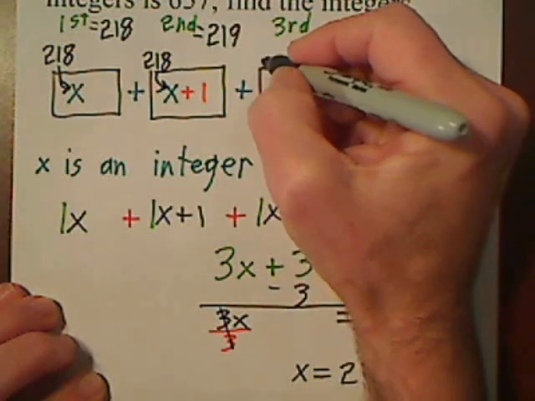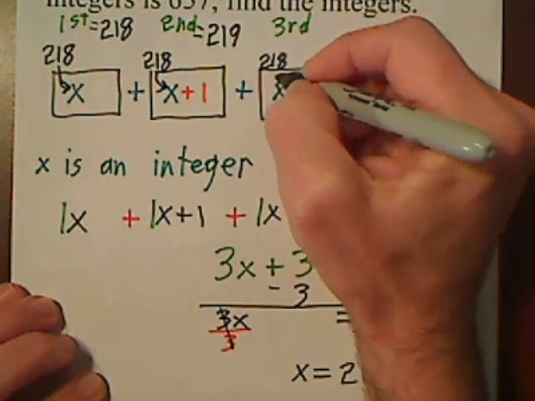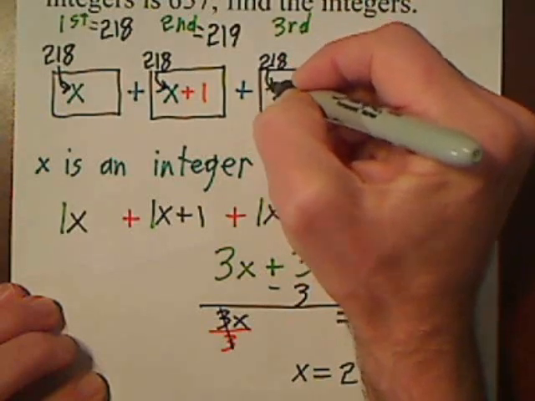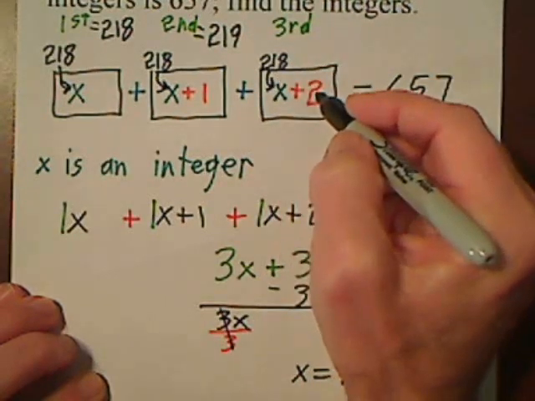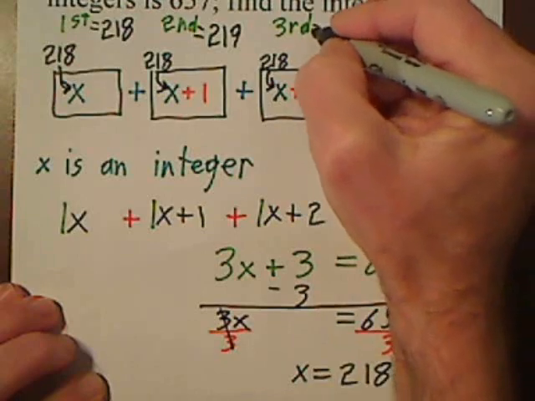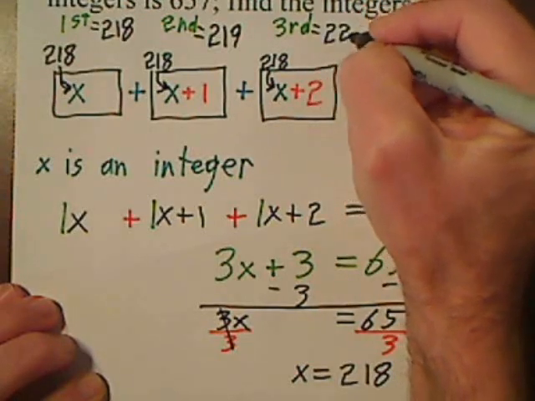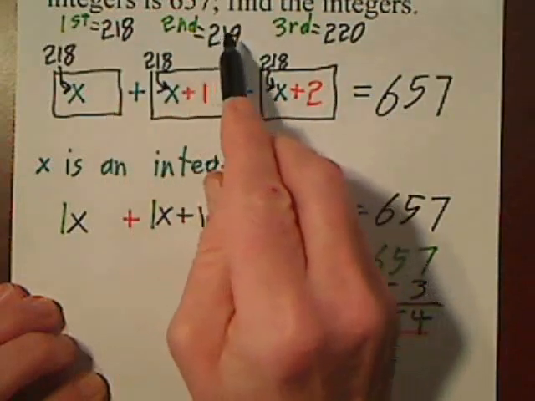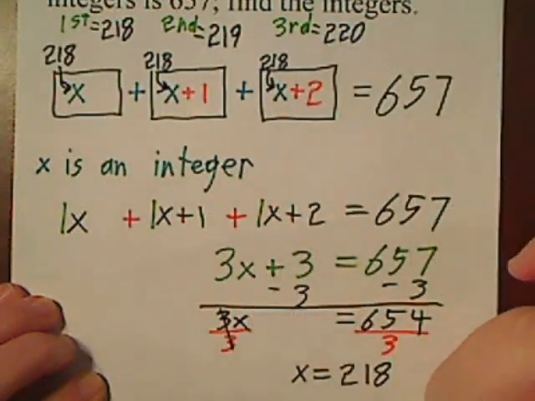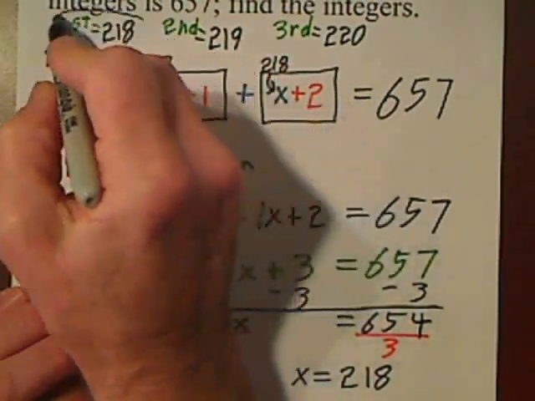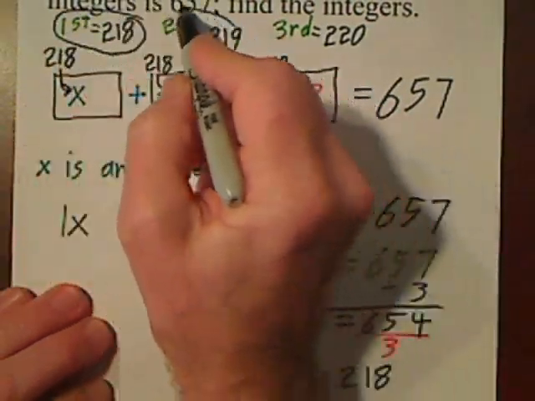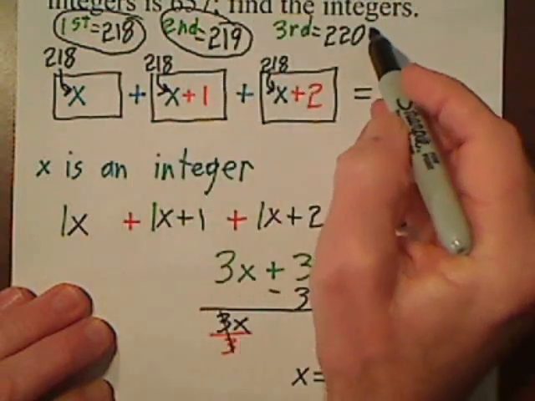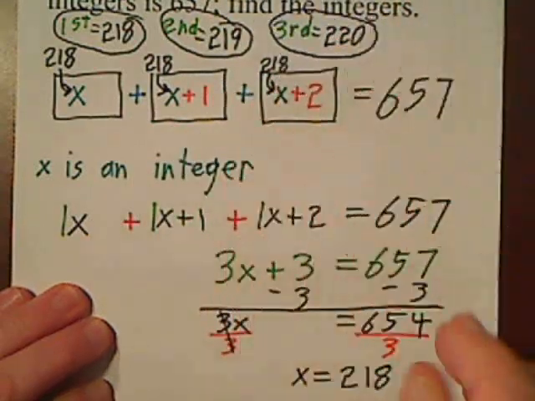And then you plug in 218 here as well, 218 plus 2 is 220. If you add these three integers, you will get 657. So again, your first integer is 218, your second integer is 219, your third integer is 220.